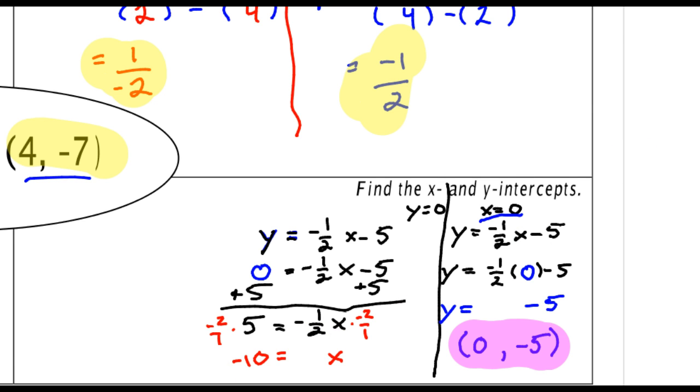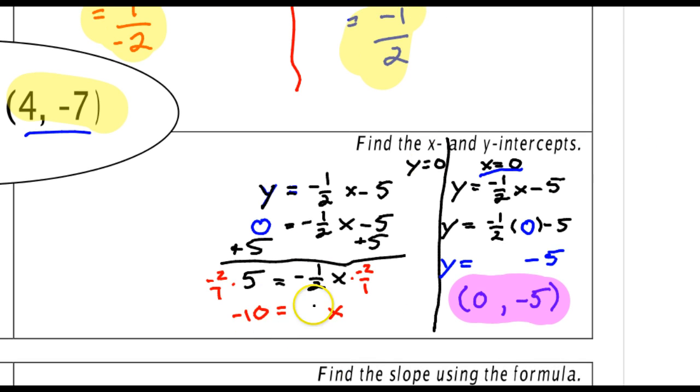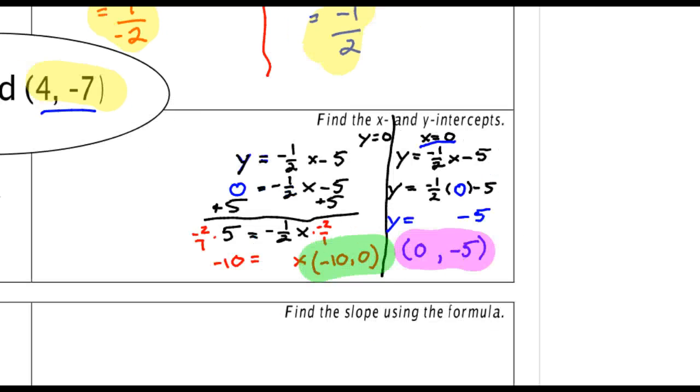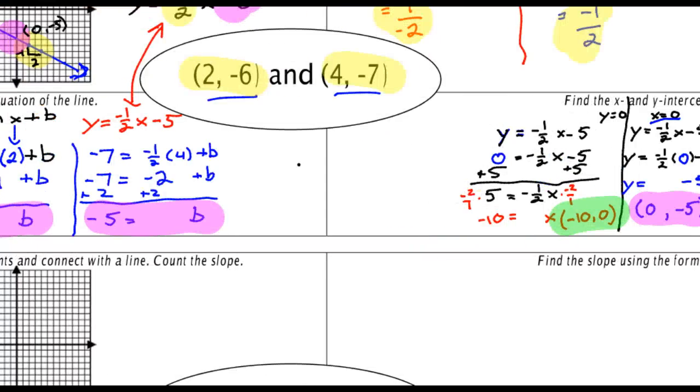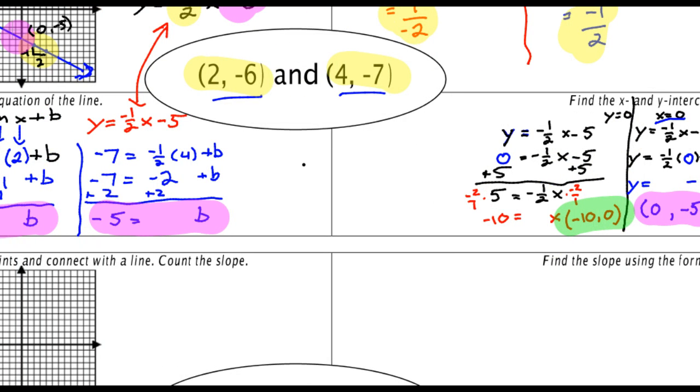And lastly, write your answer as a coordinate like we did here. So x is negative 10, y was 0, so this is the coordinate negative 10, comma, 0, which we already estimated earlier.